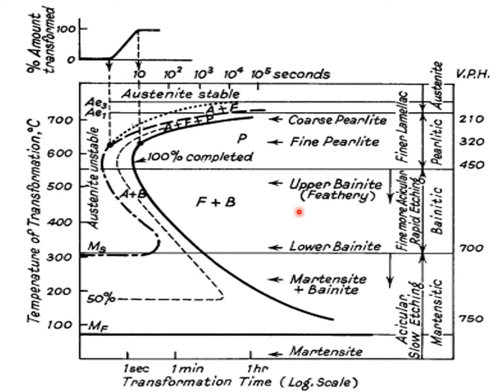Now if we want to achieve martensite, you know that these two transformations, the pearlitic transformation and the bainitic transformation, are achieved by diffusion. There is a metastable state over here, you can see. This region is of austenite and bainite, and this region is of austenite and pearlite.